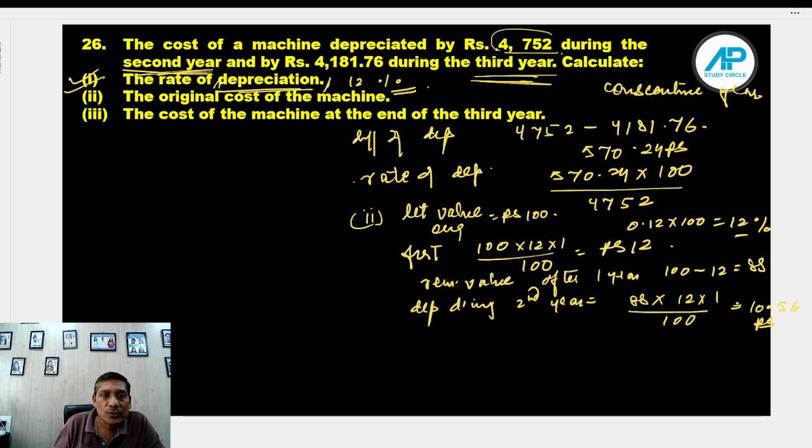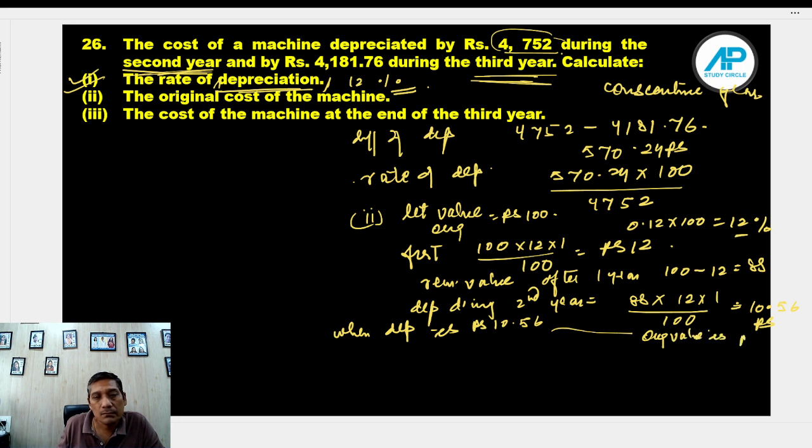with rupees 4752 using the unitary method. So when depreciation is rupees 10.56, original value is 100.